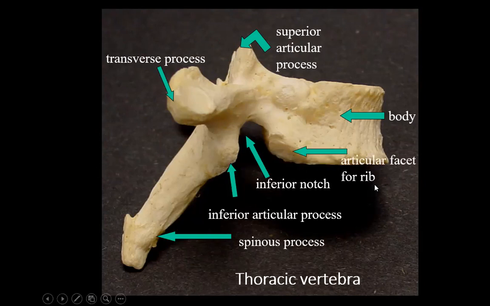Okay. There's one of the facets for the ribs, the articular facet for the rib. The thoracic vertebrae have these. They're very hard to see, which is why it's very hard to distinguish which one is which between thoracic and cervical and thoracic and lumbar. And it's practically impossible to tell which one is which within the thoracic.